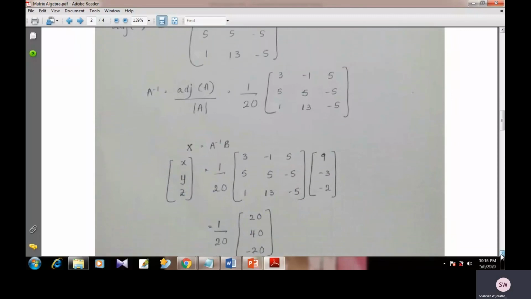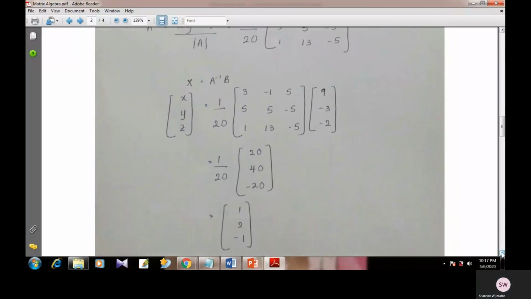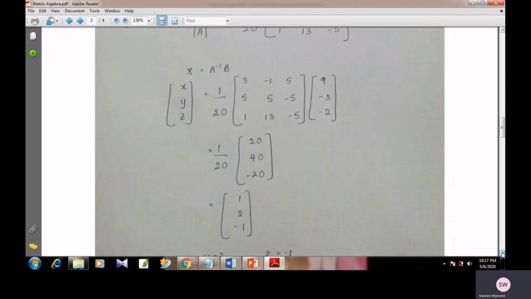Then to find this column matrix X, X is equal to A inverse into B. So we have to take the inverse matrix and multiply it by the right hand side values, or the matrix B. If we multiply these two matrices, we get a 3 by 1 column matrix.